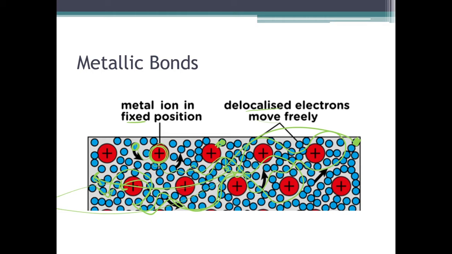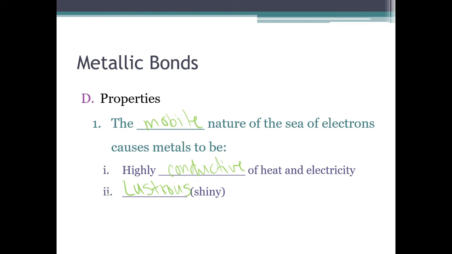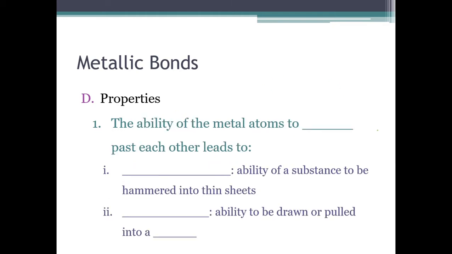And then electricity is actually the flow of electrons. So in metals, the electrons are free to flow. That electricity is able to move through the metal. So those are some properties caused by the mobile nature of the sea of electrons. Again, you need to know this term, sea of electrons.